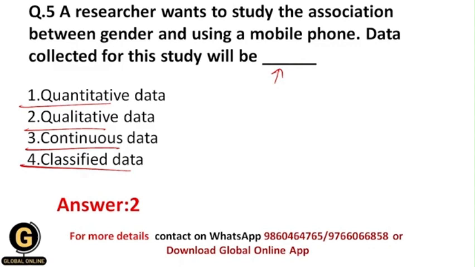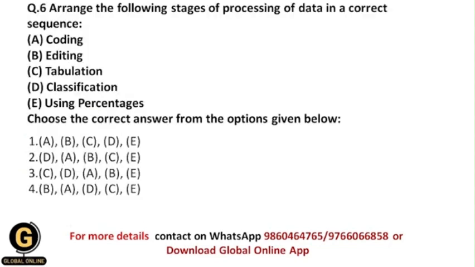That's why he will collect qualitative data, which includes lots of experiences and behaviors of each gender towards the mobile phone. Only quantitative data over here is not sufficient to study the whole thing, and that's why the researcher will collect mainly qualitative data. Okay, and that's why your correct answer should be 2.